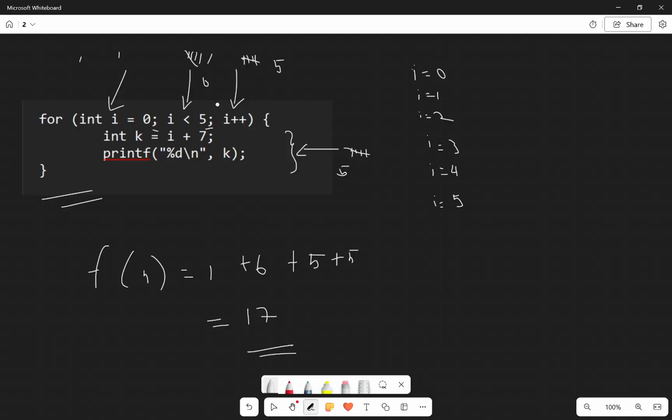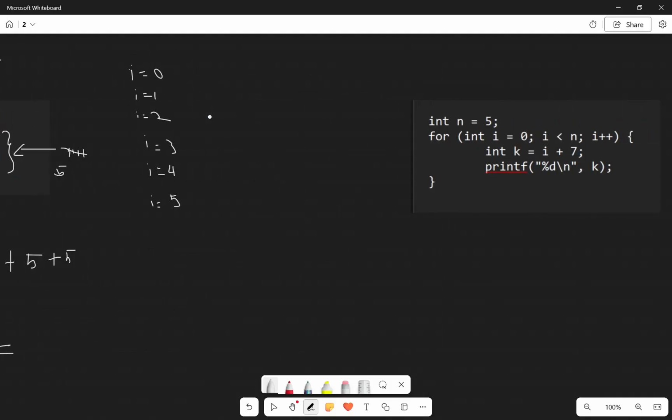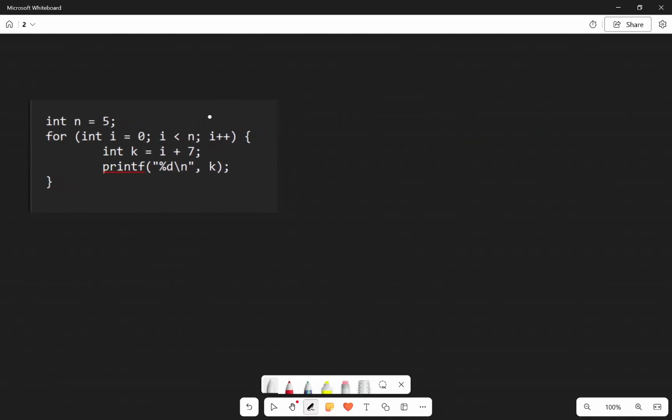So over here, well, this doesn't depend on n actually. So here we have the same for loop, but instead of hard coding the value 5, I have it inside a variable.